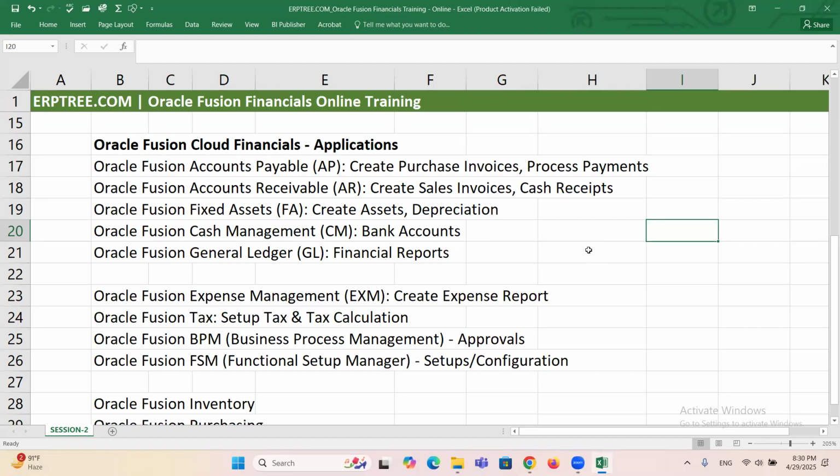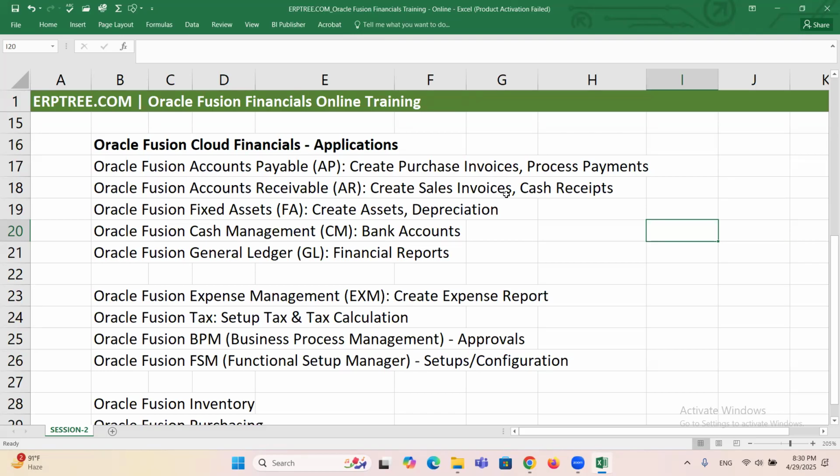See, we are going to learn everything accrual based. To keep it very simple, accrual means you create accounting for each and every transaction you record. Take this example, AP. You create accounting for purchase invoice and you create accounting for payment. If you are following cash, only for payment you will do the accounting.